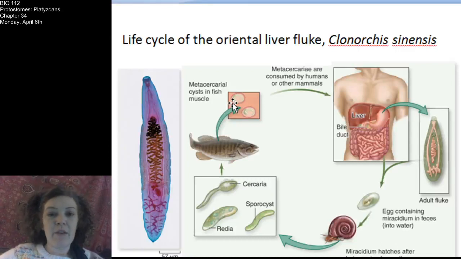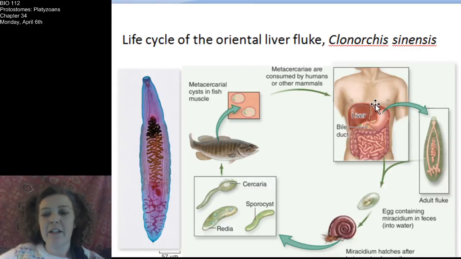And then that fish is caught, and you know what happens to fish when they're caught, right? They're cut up and eaten. Here's the thing: this particular liver fluke is passed on by eating raw or undercooked fish that are infected. This is where you hear a lot about people saying to be careful with sushi.